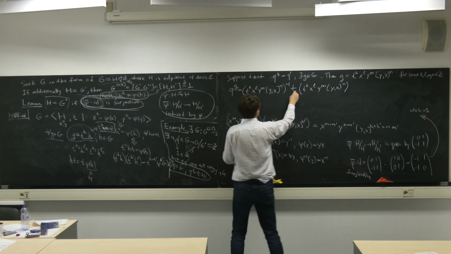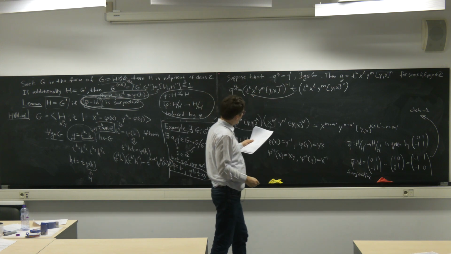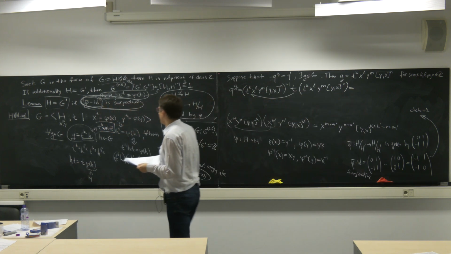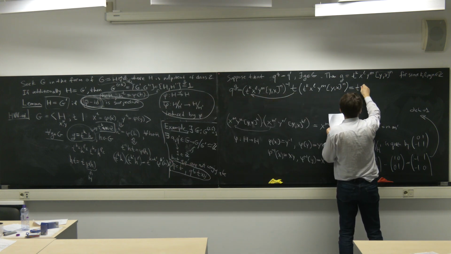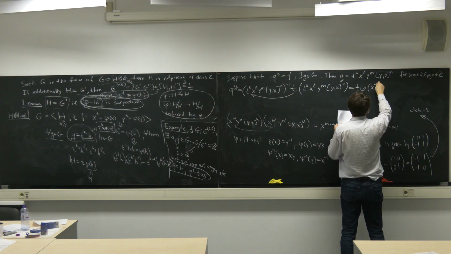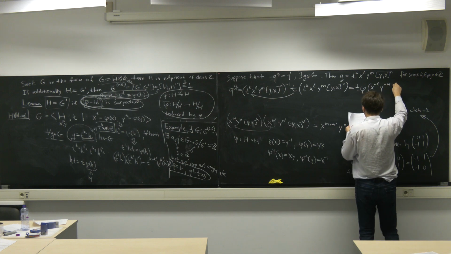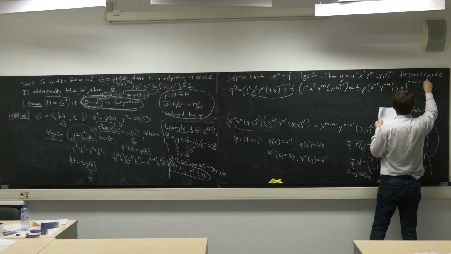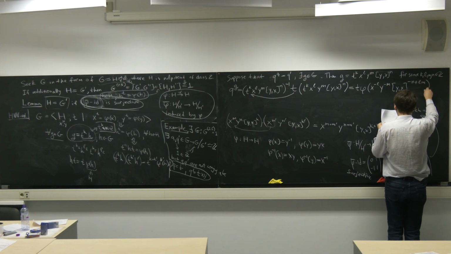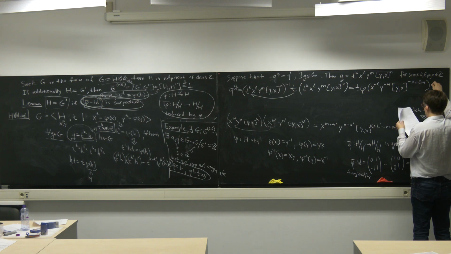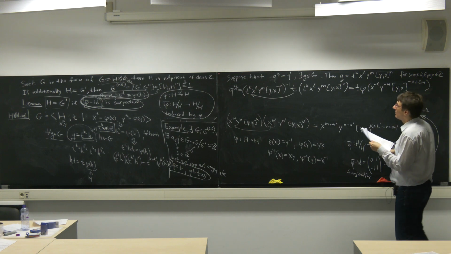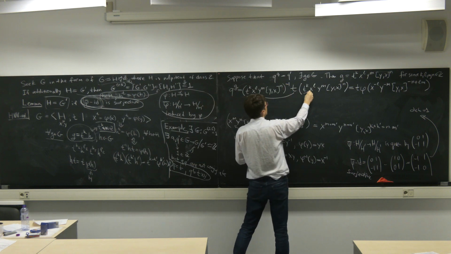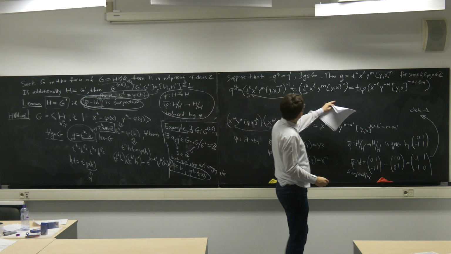So next, I want to bring t to the left, and I can do that by using this identity, and I get the following: t times phi of x to the minus l, y to the minus m, commutator yx to the minus n plus lm, and then, yes, this t to the k inverse and this t to the k, they cancel, so I don't have any t.